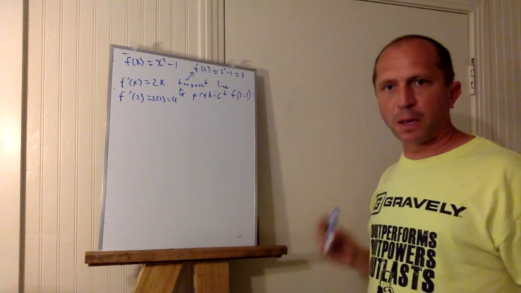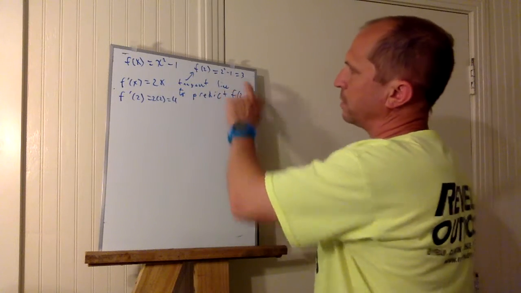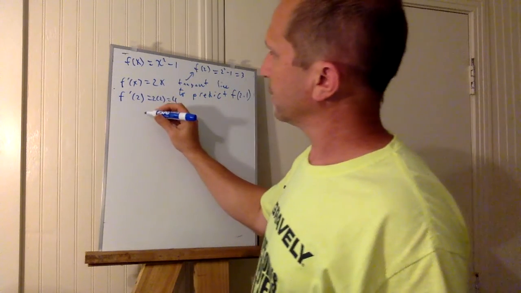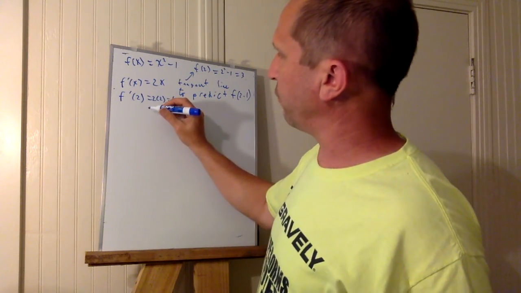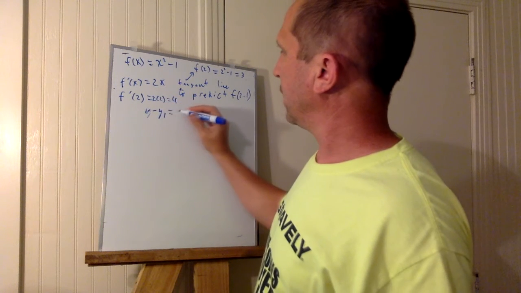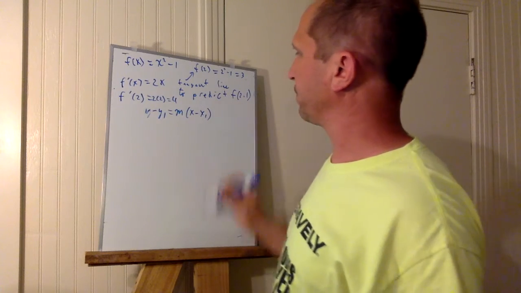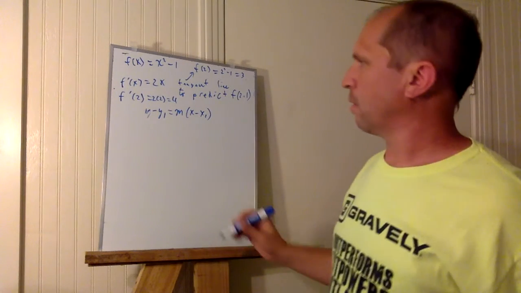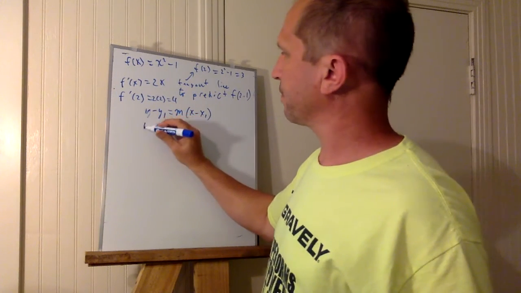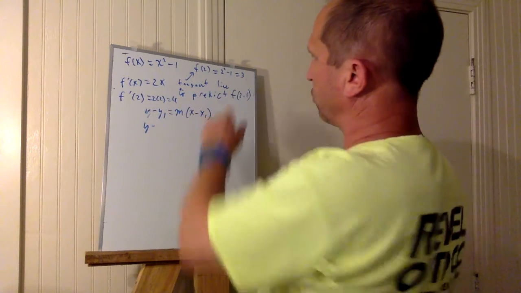All right, so I've got a line. My line has a slope of 4 and the point 2, 3. So let's go into point slope form. y minus y sub 1 equals m times x minus x sub 1. All right, well, y minus, my point is 3.